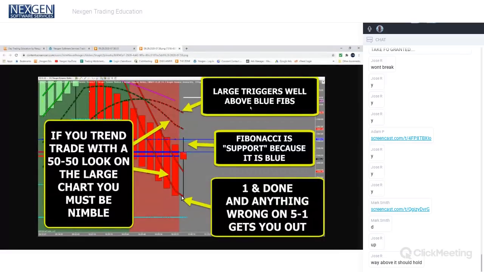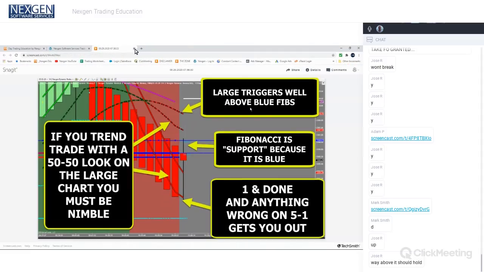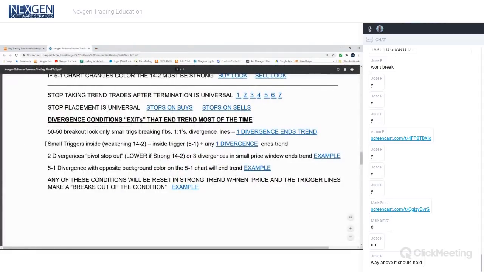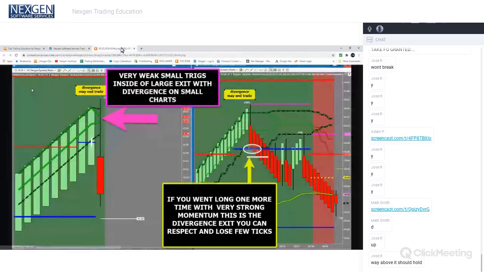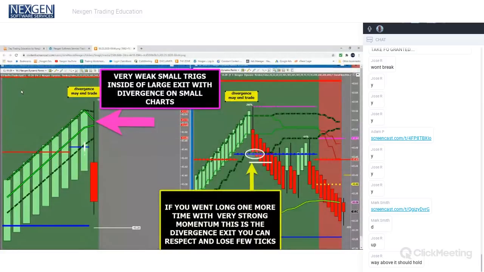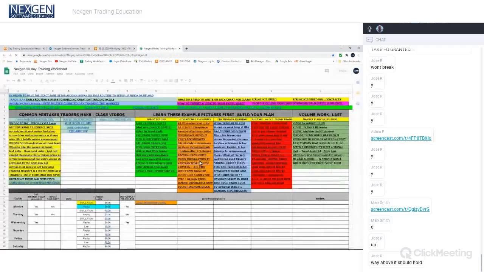If you have divergence on the small chart, if you have a 1-to-1 on the small chart, if you have divergence from a 1-to-1, if you have two divergences, pivot stopouts, when the small triggers are weakening on the 14-2 chart, it doesn't take much for the market to go the other way. And again, this is in one of your study pictures on the spreadsheet, from the page 2 spreadsheet.